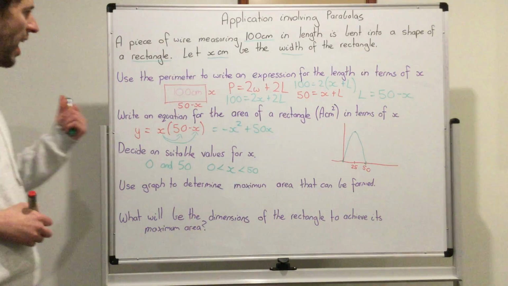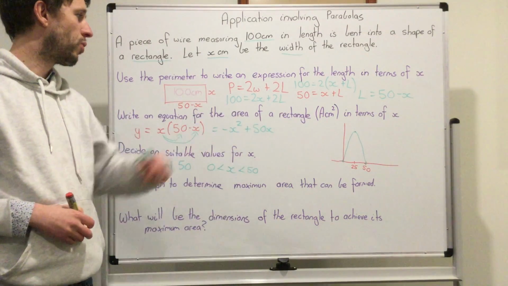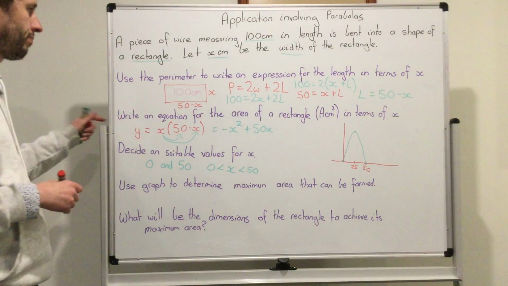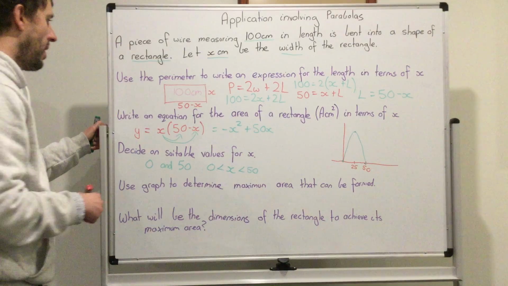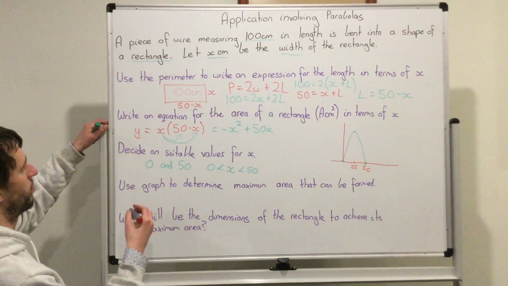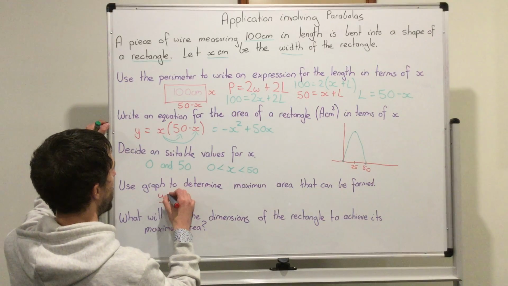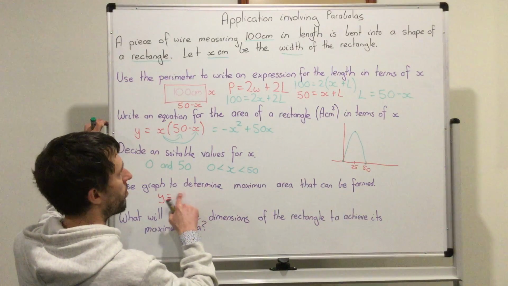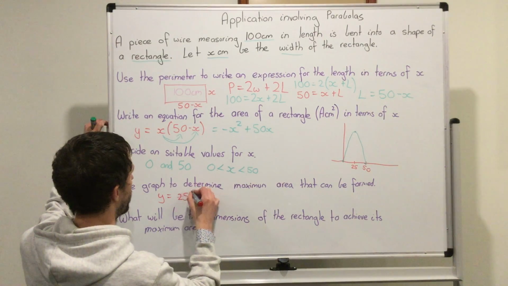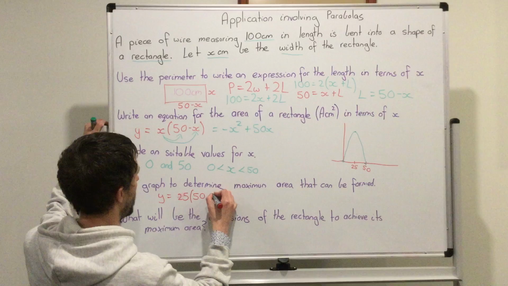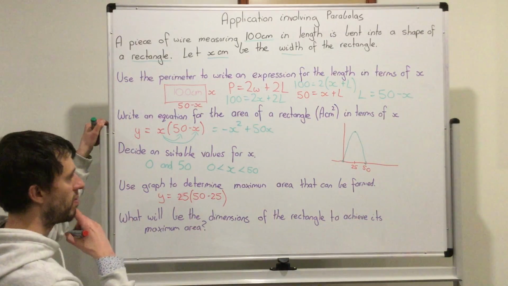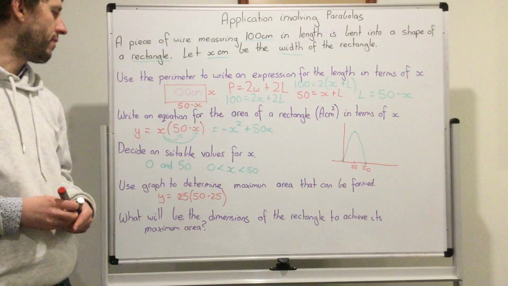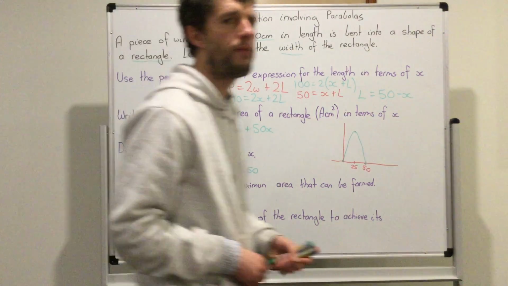So I can sub x is 25 into this equation. So let's do that. y equals 25, 50 take 25. Okay. So 50 take 25 is 25, and we're doing 25 times 25.